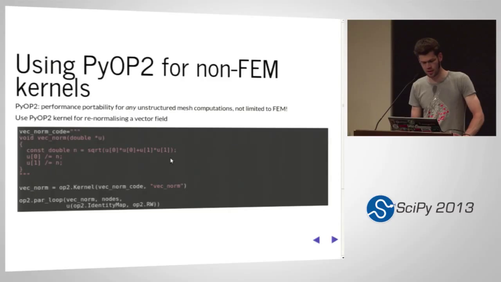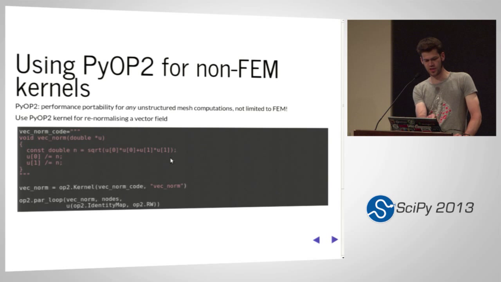I was curious about the non-finite-element kernels. It looked like it was sort of a shader language. Is that something specific to PyOP2, or does it depend on what platform it's being run on? So the question is about PyOP2 kernels, how you specify them, because this example looks a little bit like a shader language, and whether they are specific to the platform you run on.